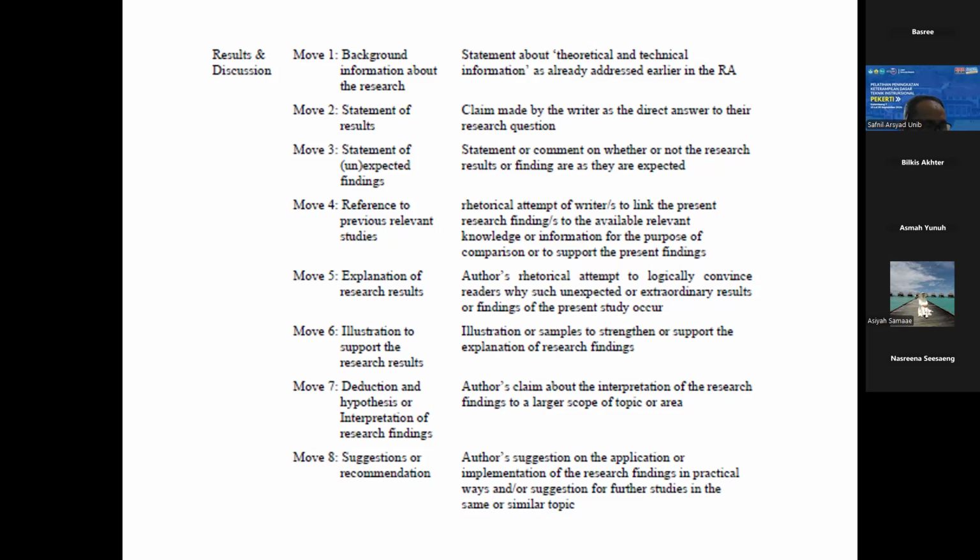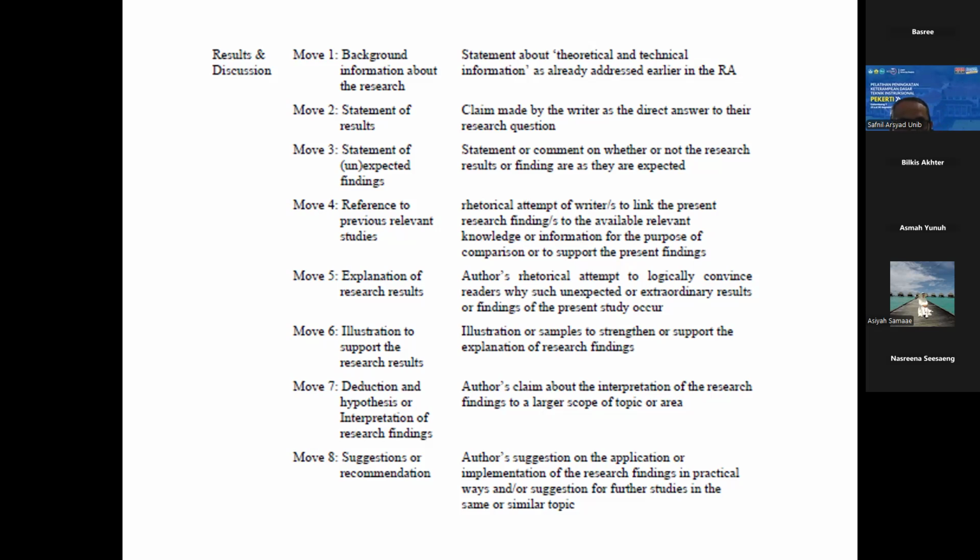If authors or readers read our articles, they will mostly read the discussion section, because they want to know what is the new information from our research, and they may cite the new information.